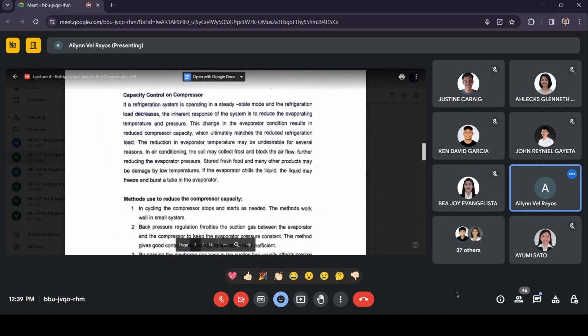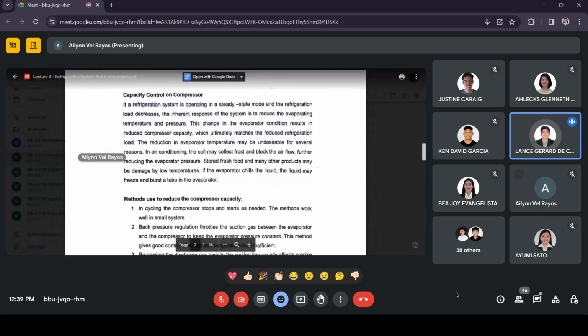Lance Gerard, kindly read this first paragraph. Capacity control on compressor. Hello po, ma'am. Rinig na po ako. Hello po, ma'am.